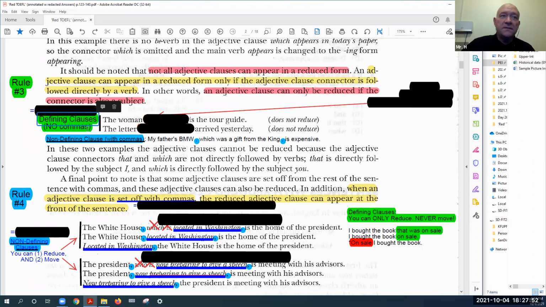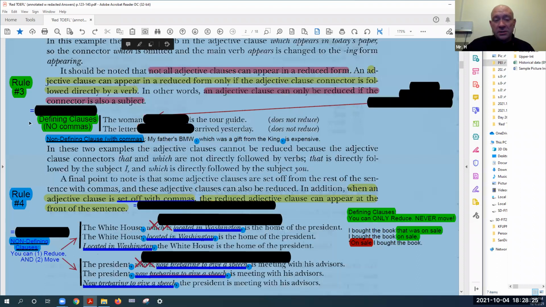Now, what's the meaning of define? You know the word definition, right? When you define something, you explain it. Clearly explain it. Do you understand? So basically, we have these two types of clauses.